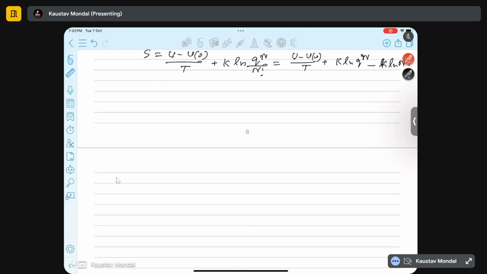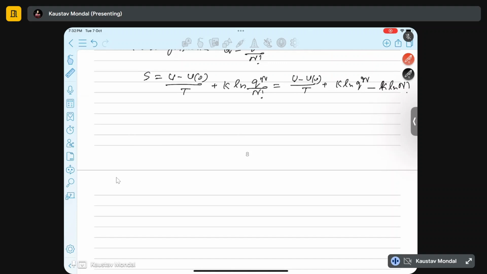Now if you do the further derivation, it is (U minus U0) by T plus Nk ln q minus k (N ln N minus N).